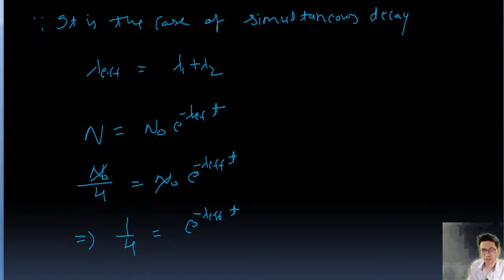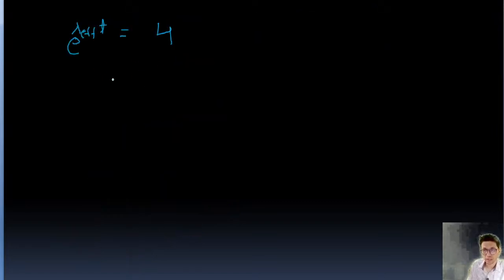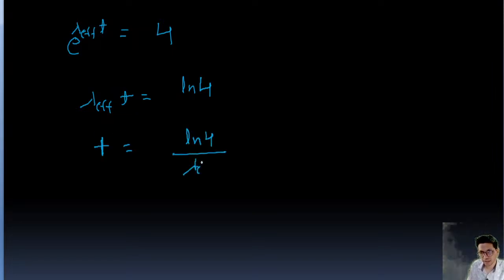So we'll cross multiply. So from here lambda effective t is going to be ln 4, and from here t is going to be equal to ln 4 upon lambda effective.